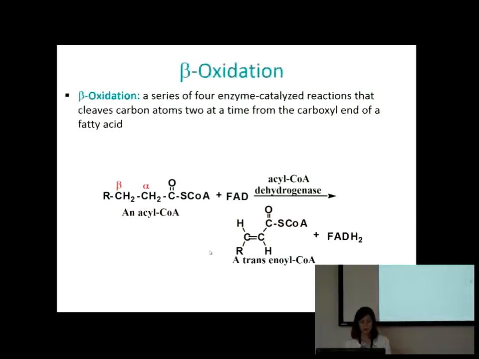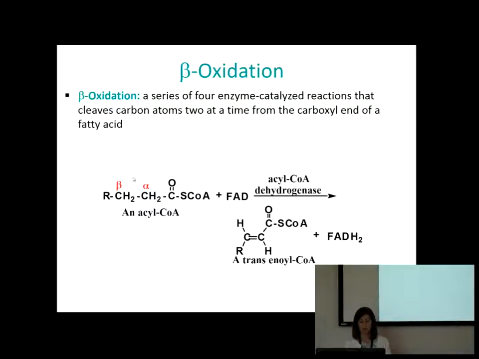So let's start discussing beta oxidation. This is only 4 reactions. It's just so lovely. We don't need to remember 8 or 10. This is only 4. And again, they're all enzyme catalyzed. The whole purpose of beta oxidation is to chop our long chain fatty acid that's been activated with coenzyme A into acetyl groups.